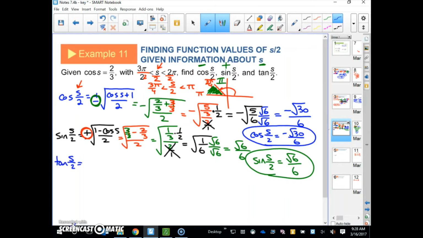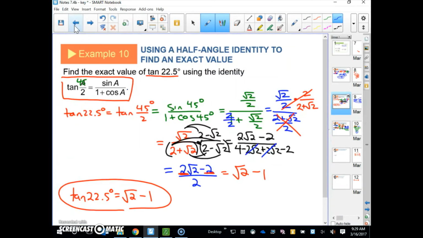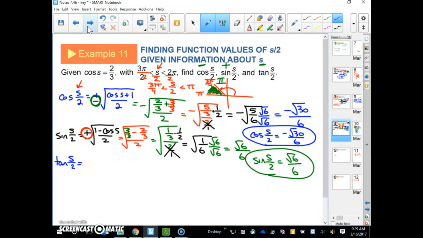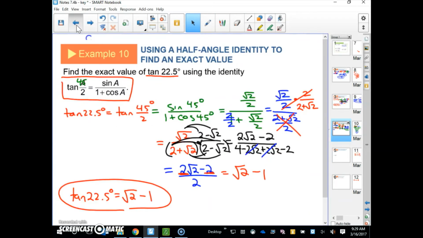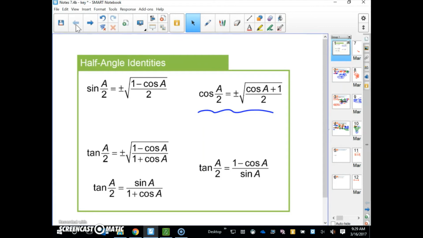There are a couple of different things. The longer you go in these problems, the more options you have. Well, notice we have 3 options for what to do for our formulas.